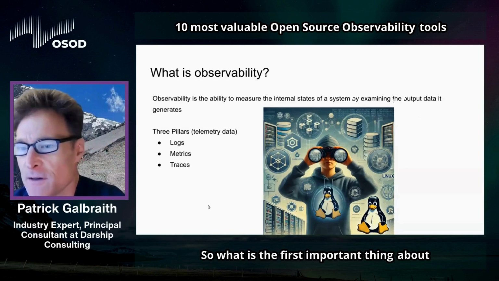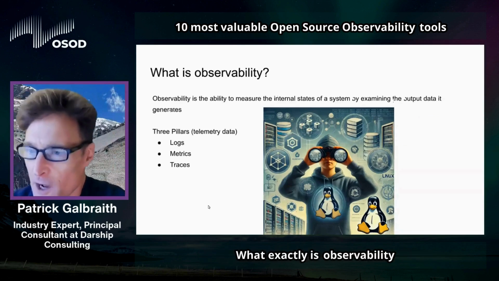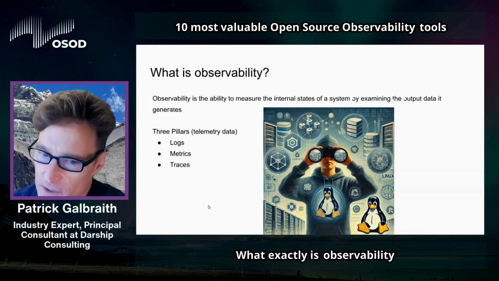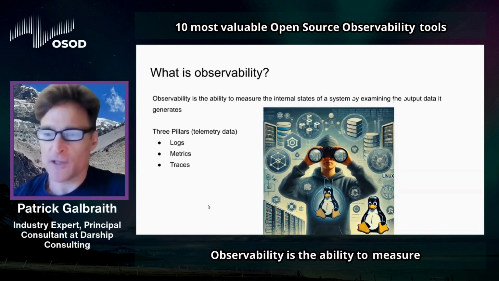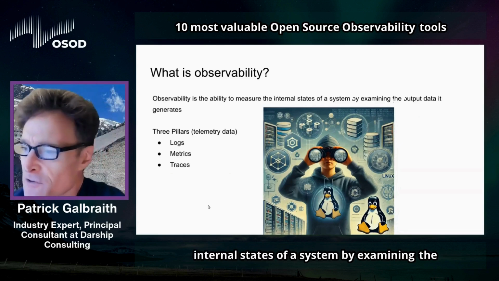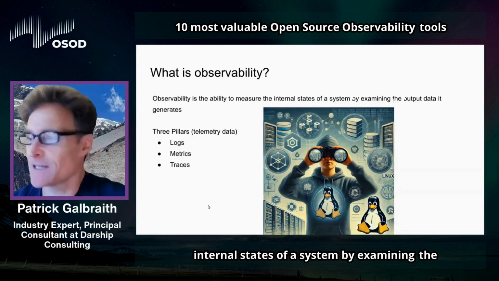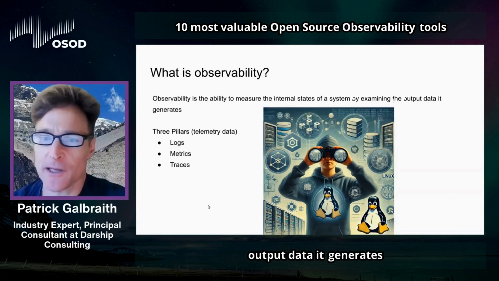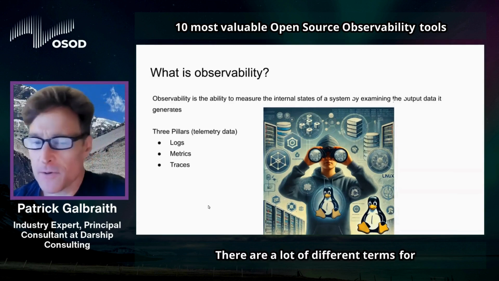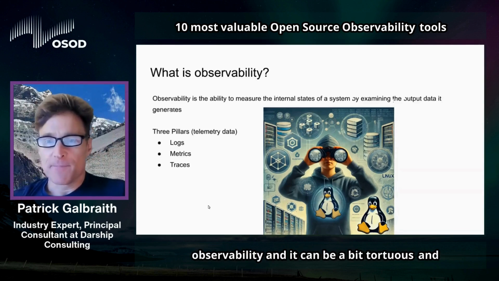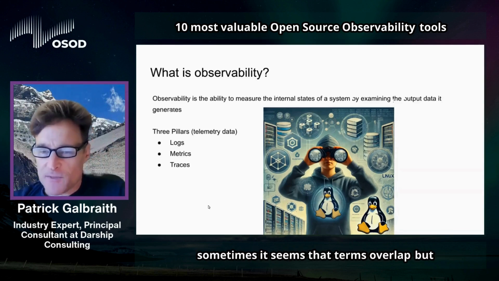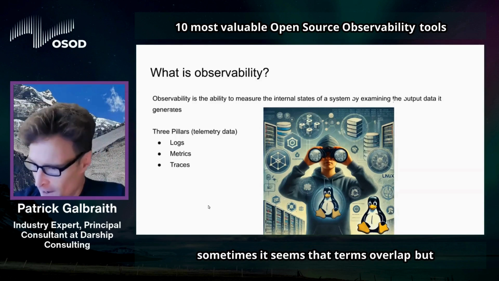So what is the first important thing about this talk? What exactly is observability? Observability is the ability to measure internal states of a system by examining the output data it generates. There are a lot of different terms for observability, and it can be a bit tortuous, and sometimes it seems that terms overlap.